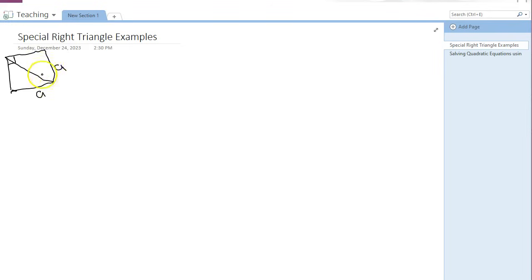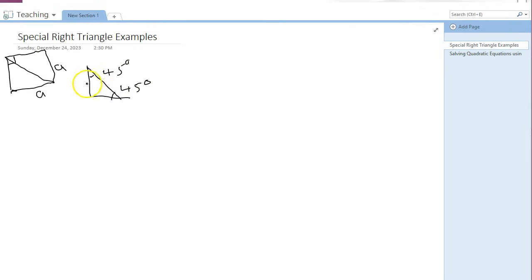All these angles are 45. So what does that make this? Makes this half of a 90 degree angle. I'm sorry, 90 degrees every corner. So the triangle would be 45 degrees on both sides.